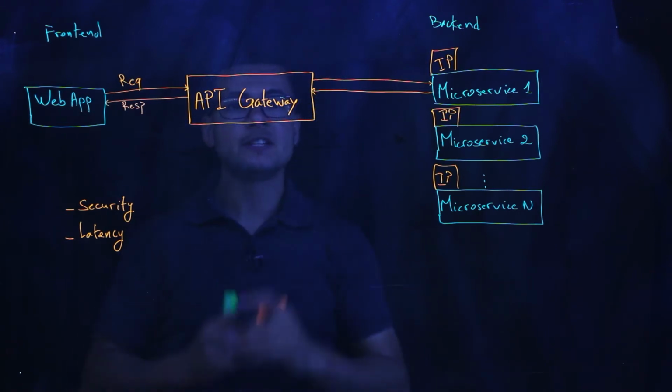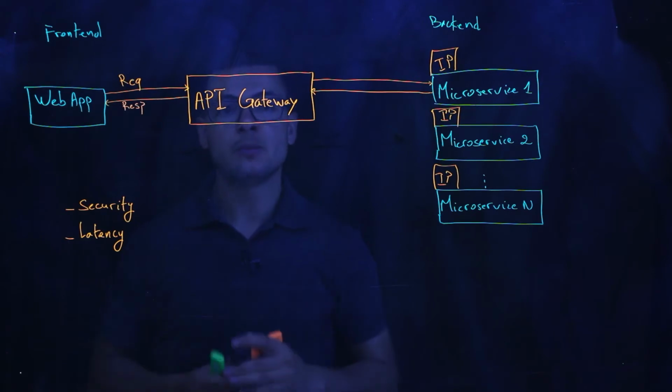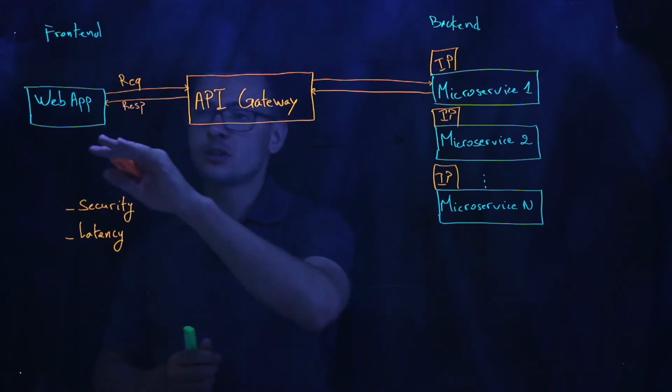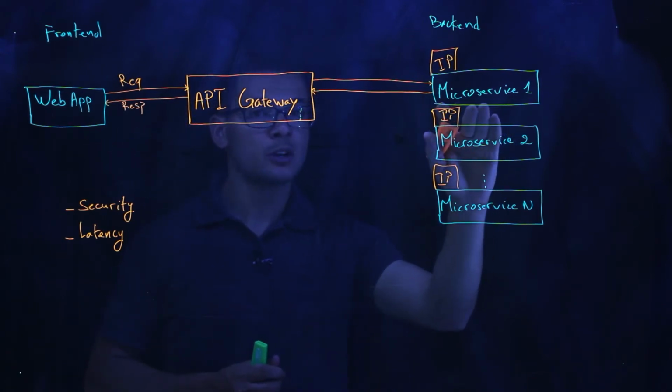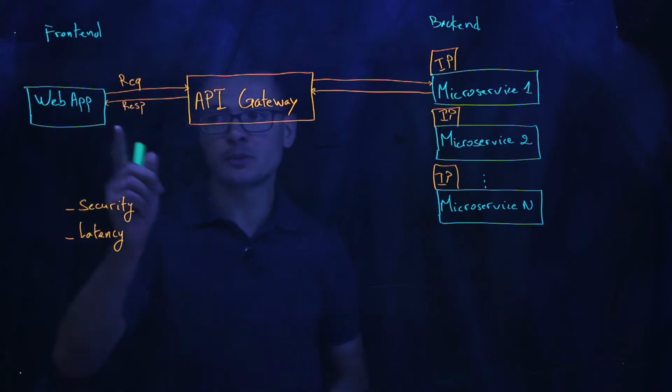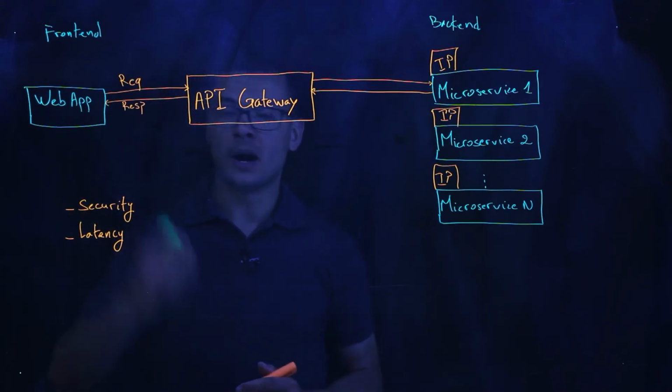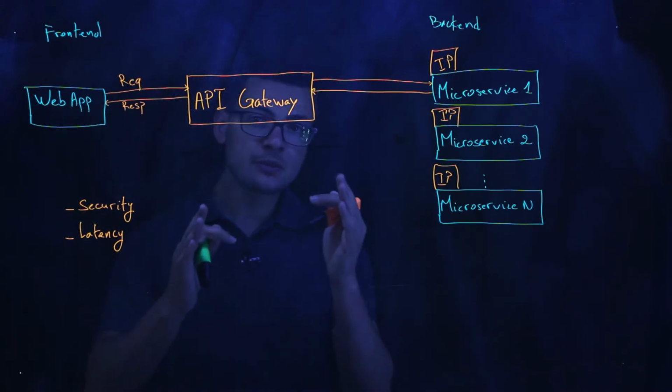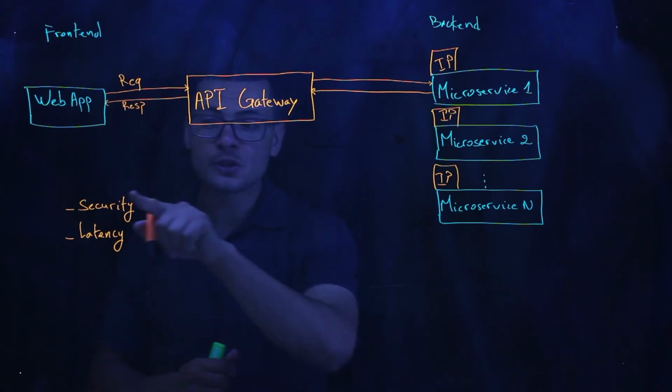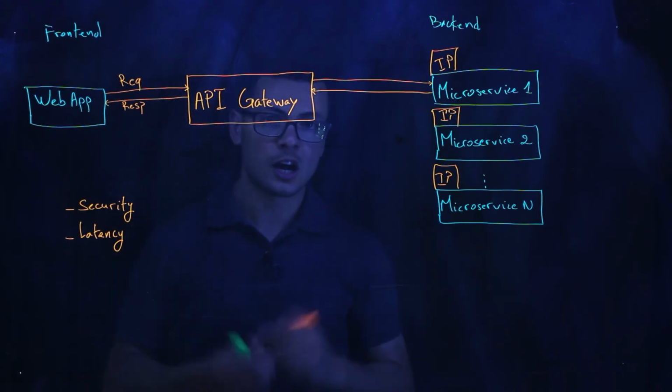This is the basic functionality of an API gateway. It gets the requests from the web app, redirects them to the microservice, then gets back the response to the web app. This basic feature, the reverse proxy, solves the problem of security. How?